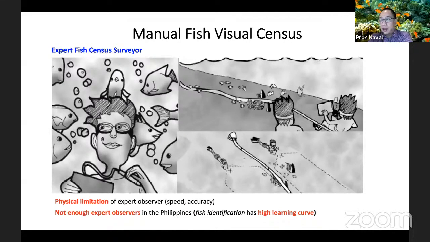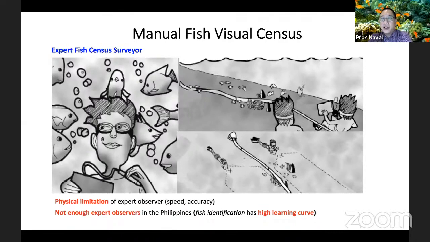Some species are attracted to the diver, so the count is increased for that species, while for many others the number goes down because they are obviously afraid of the diver, especially the bubbles generated. And there's also the limitation of diver fatigue and diver skill in accurately counting and identifying fish.